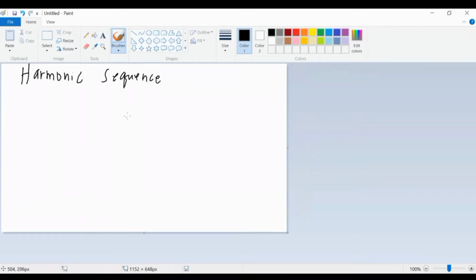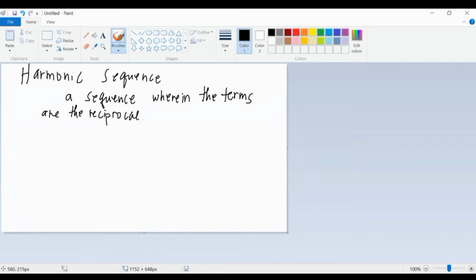So when we say harmonic sequence, it is a sequence wherein the terms are the reciprocal of the terms of an arithmetic sequence.